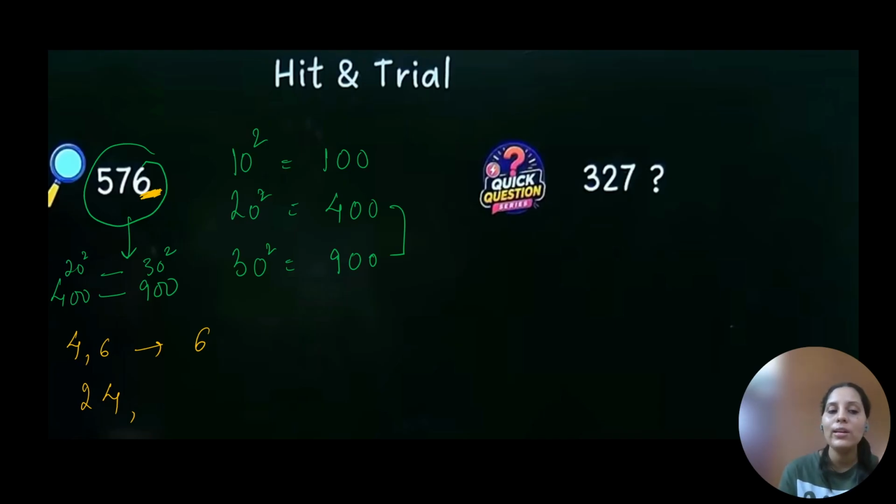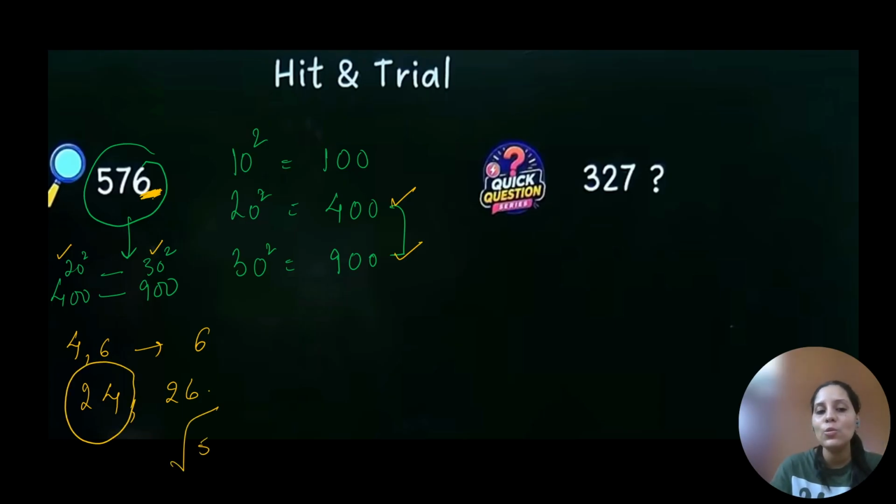We clearly know that the number lies between 20 and 30. Now which one is it? Now 576, is it closer to 400 or 900? It's closer to 400. So it should be 24. So the square root of 576 is nothing but 24.